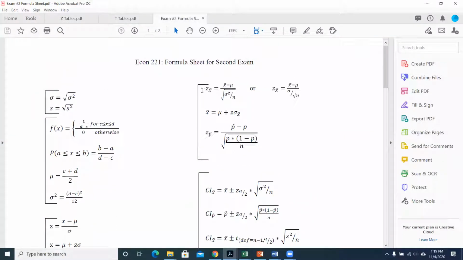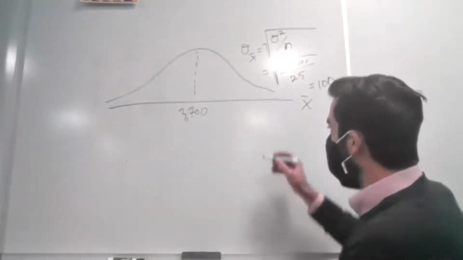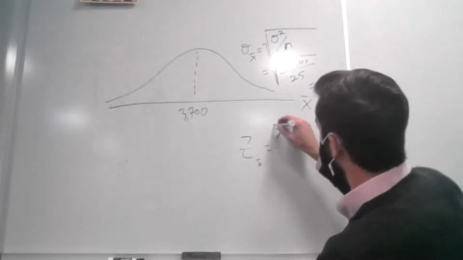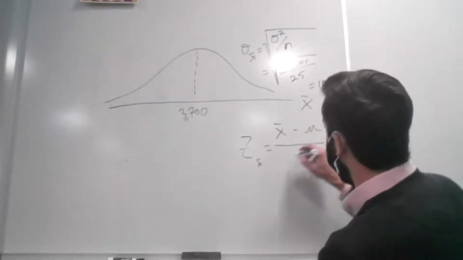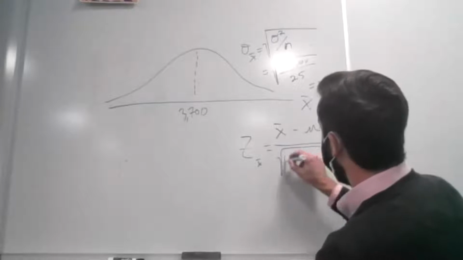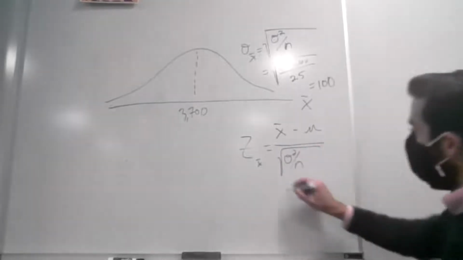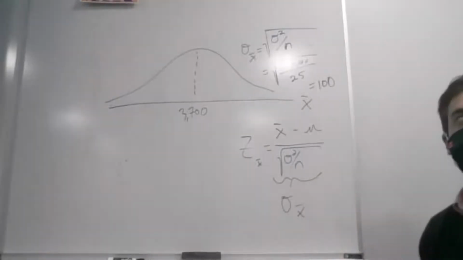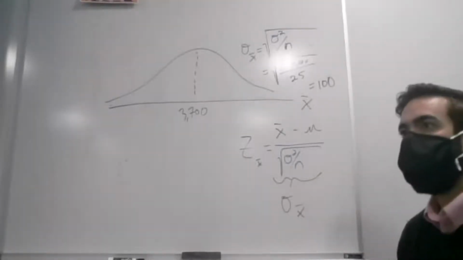If we want to turn that sample mean value of 3,550 into a z-score, we're going to use this equation. Remember, this denominator just represents the standard deviation of my sample means.